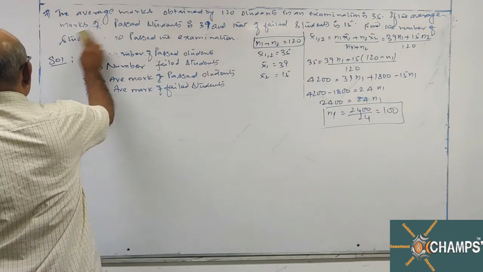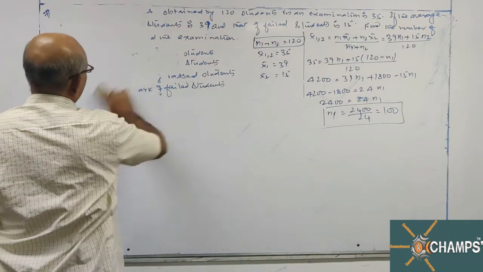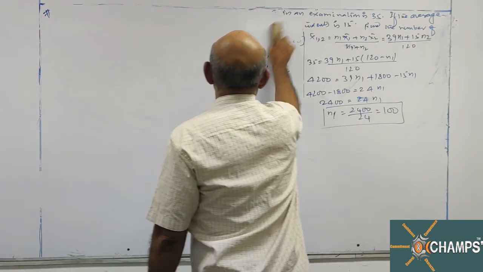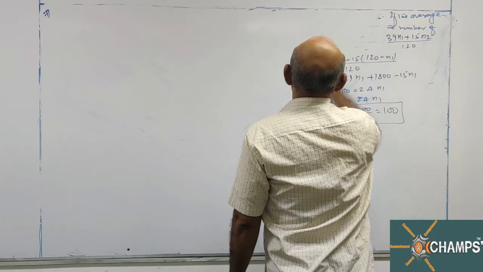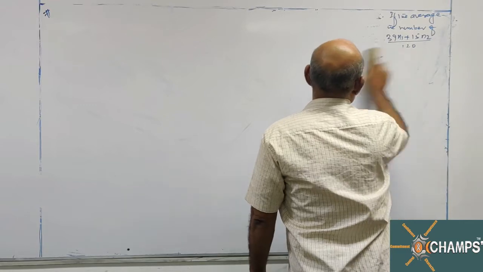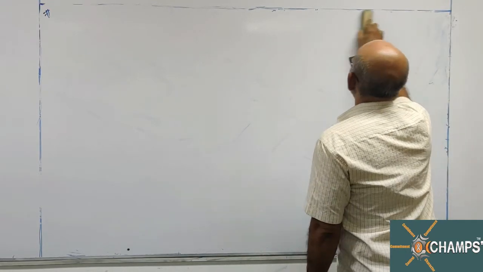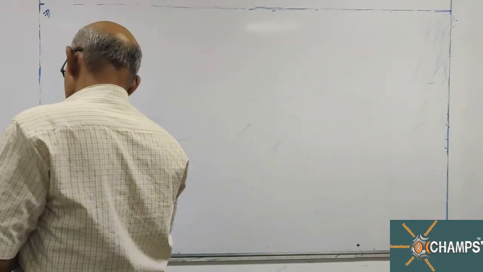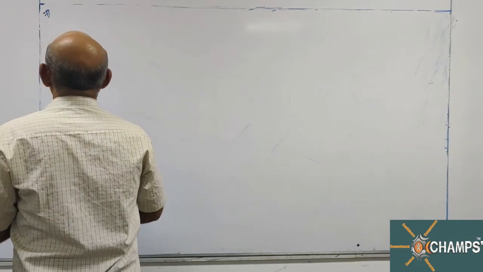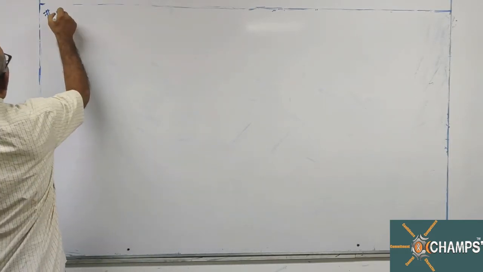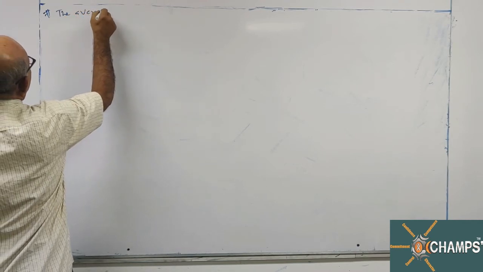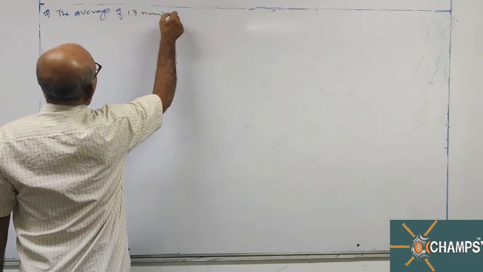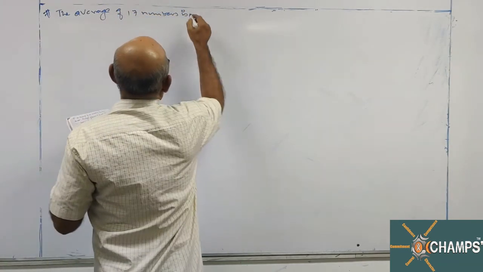Okay. Let's see the next question. The average of seventeen numbers is 45.